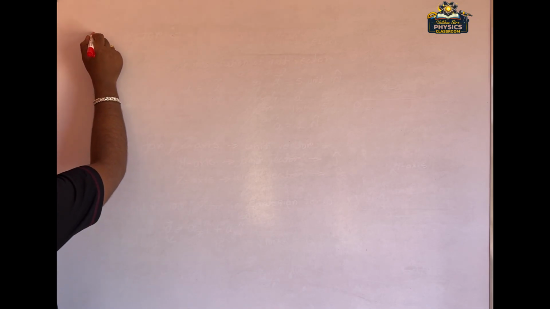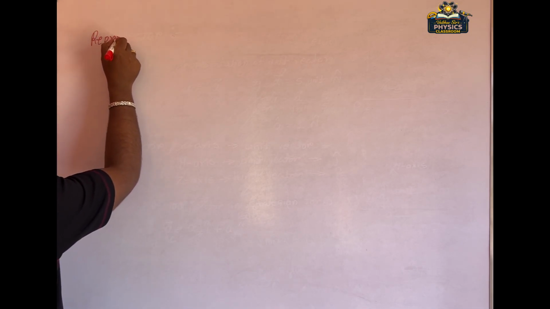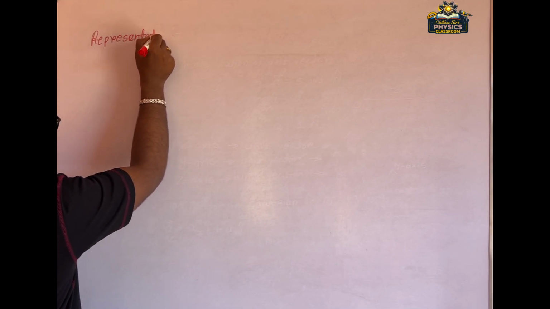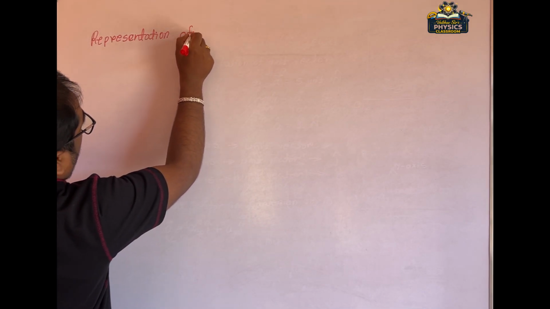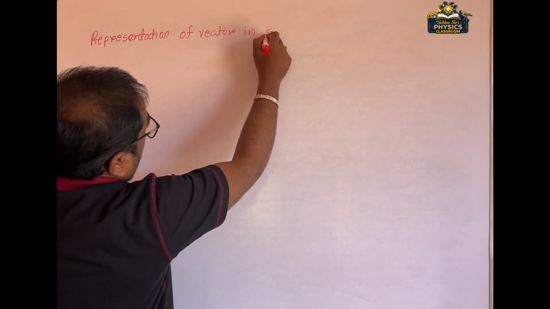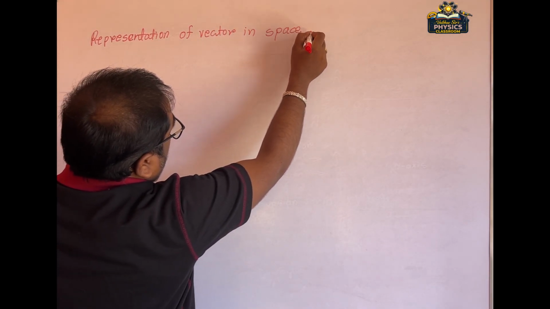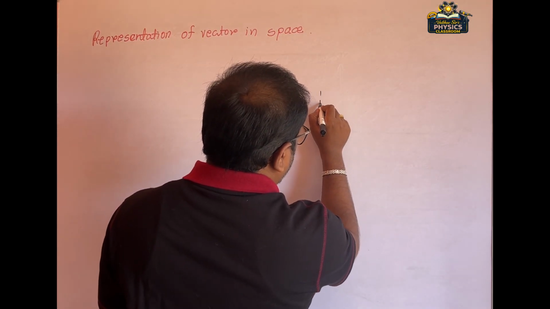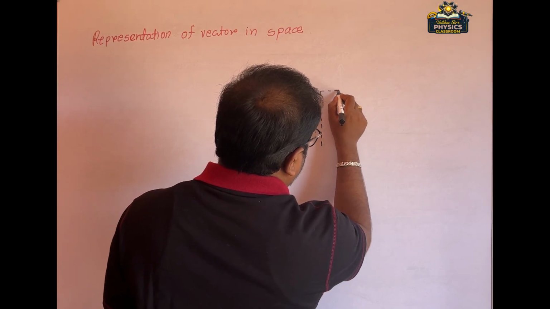So the next topic is the representation of a vector in space. Okay, so like that I am drawing one box.